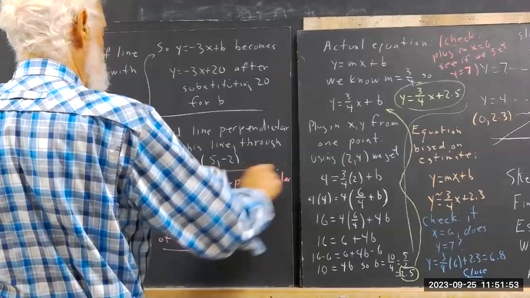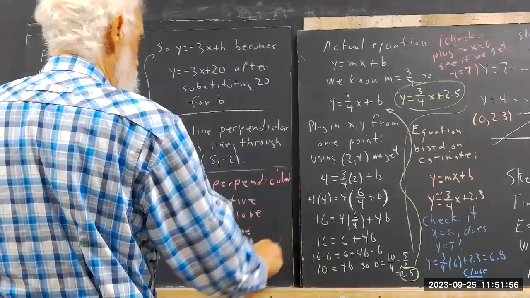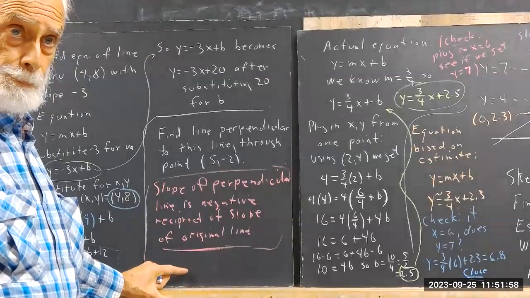Slope of a perpendicular line is a negative reciprocal of the slope of the original line.